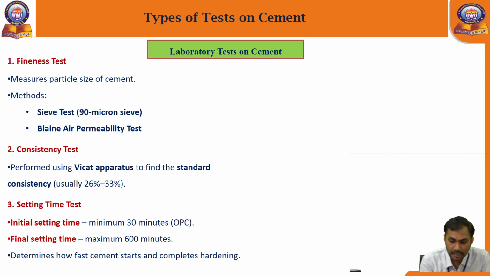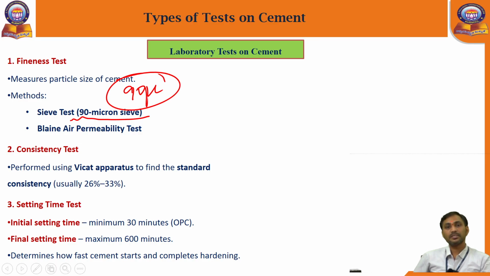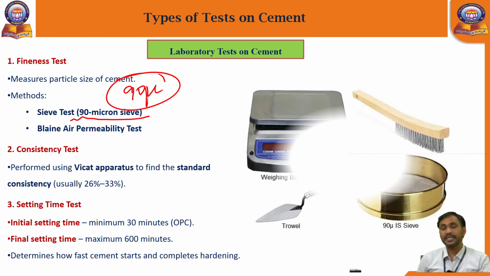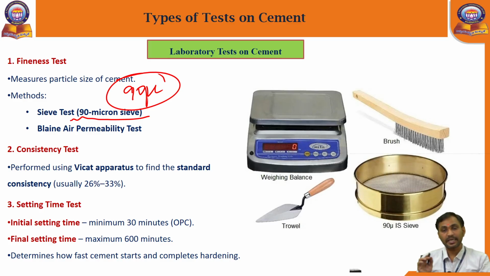The size of cement is a 90 microns sieve. Very small particles, it looks like a powder. So the fineness test is conducted in the laboratory.